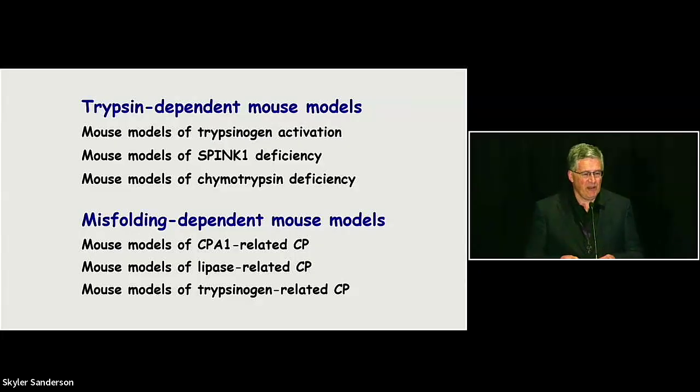For the misfolding models, CPA-related and lipase-related, which were discussed yesterday to some extent, and trypsinogen misfolding related, which is an interesting subgroup. I'm probably not going to have time to cover all of this, so please stop me if I run out of time, but I wanted to include them in the slides, so if they post them online, you can use this as a reference.